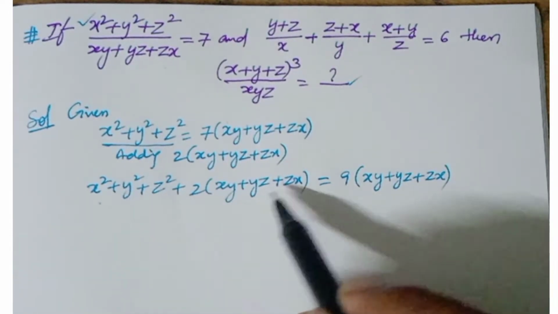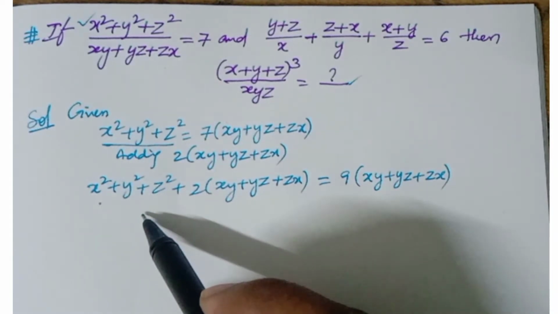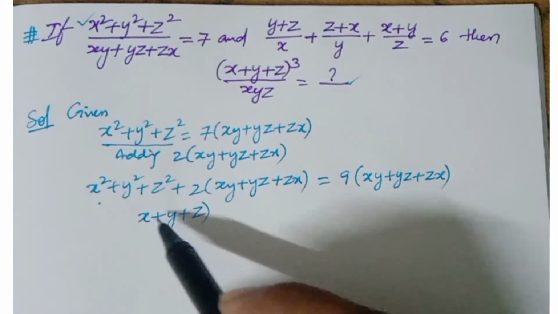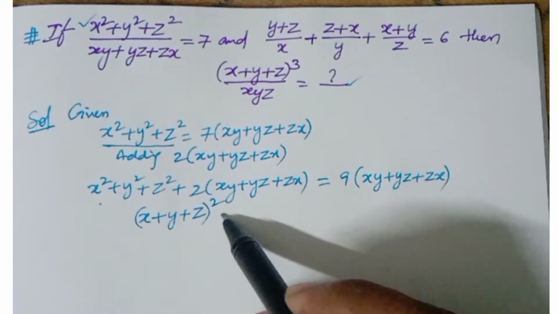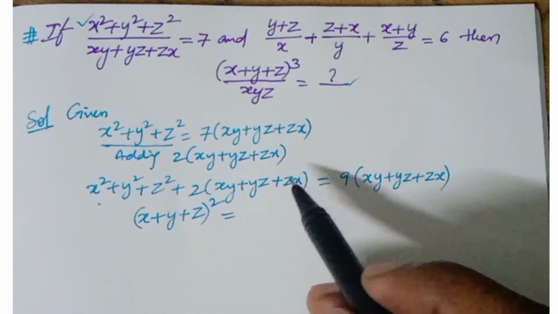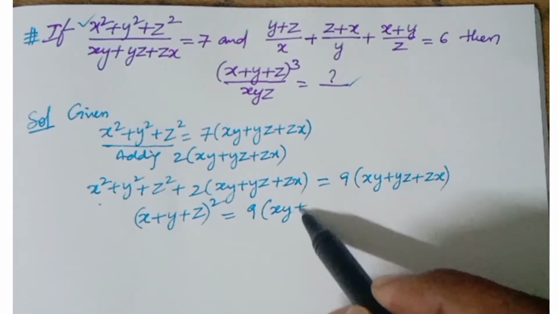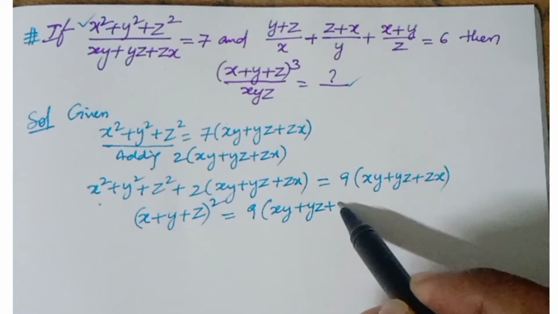Now this is the formula (a + b)², so we get (x + y + z)² = 9(xy + yz + zx).